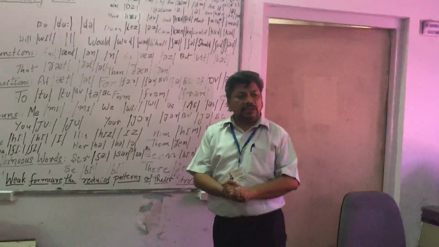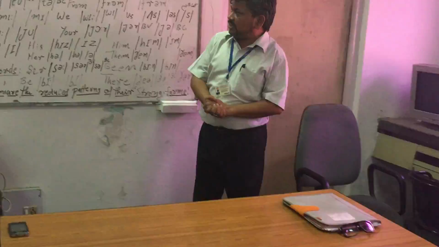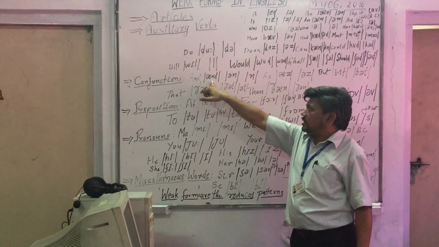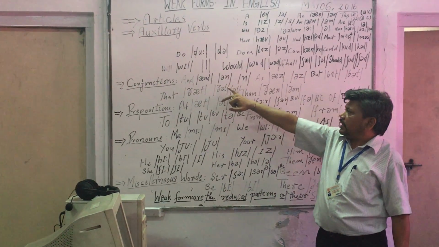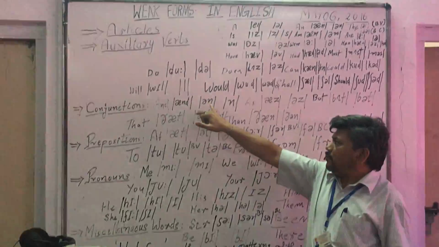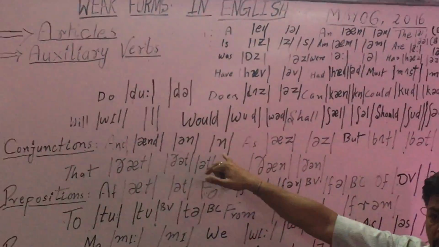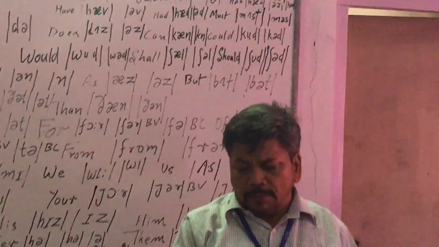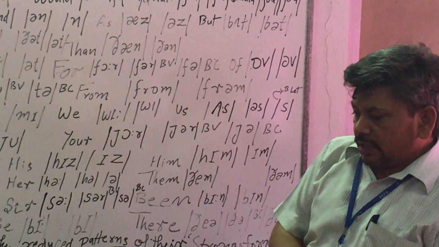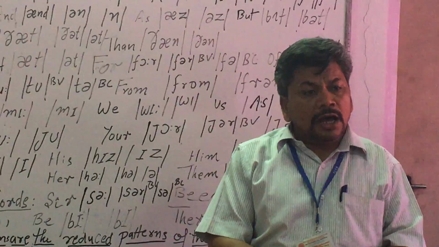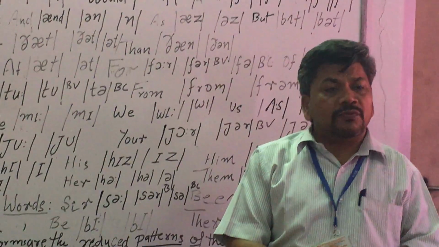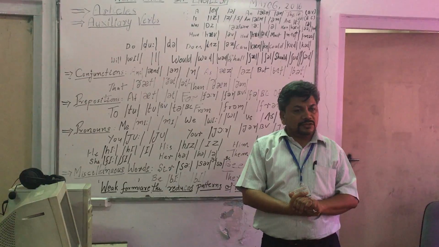So looking for the weak forms of conjunctions, first example we would like to take is 'and'. Strong is and, weak is and, another weaker is 'n'. I would like to give an example again, that Kushagra and Akhya, they are performing very well in the computer class.